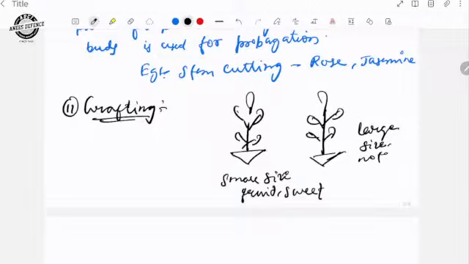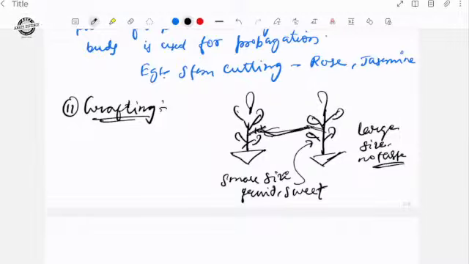but no taste. Understood? What we are going to do with grafting is attach this one to this one. We cut one body part from here and attach this vegetative reproductive part to the stem or branches of the other one.